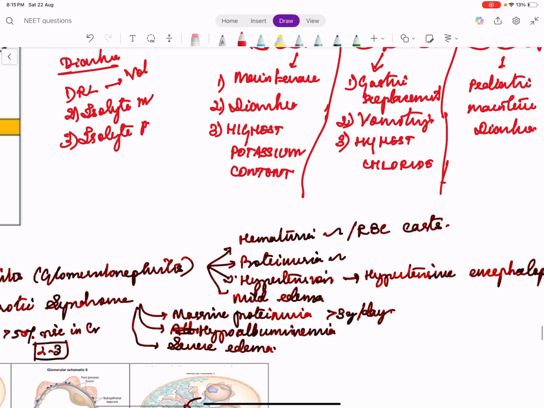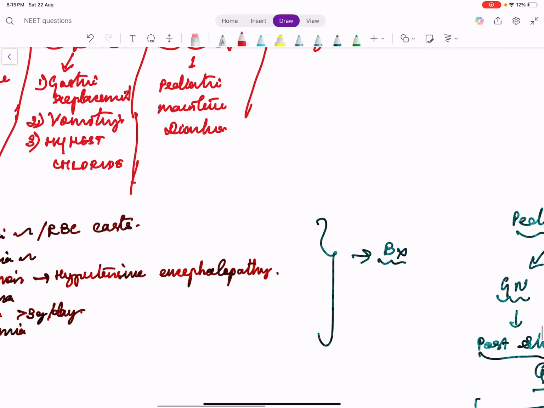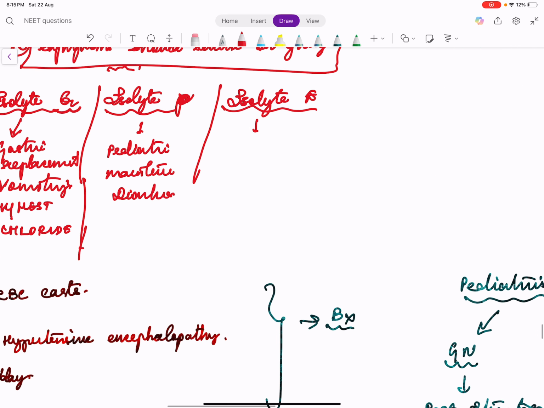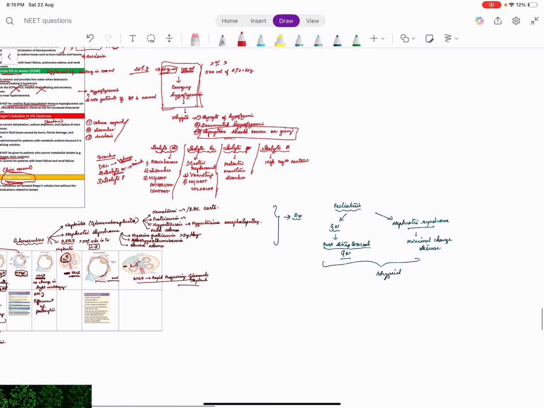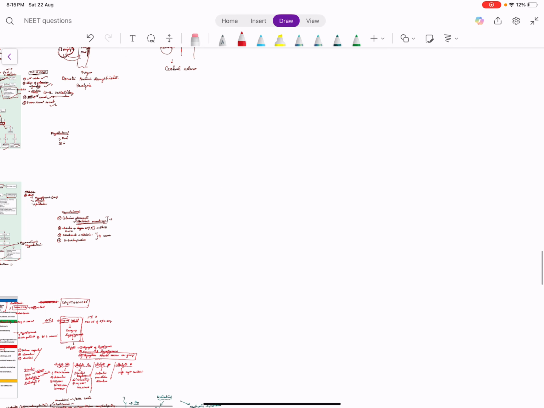So if there is hypovolemia, initially we give Ringer's lactate, and Isolyte M is given as the maintenance. Okay. Isolyte E has the high magnesium content. So these are the other isotonic fluids. So this completes our entire nephrology and fluids.